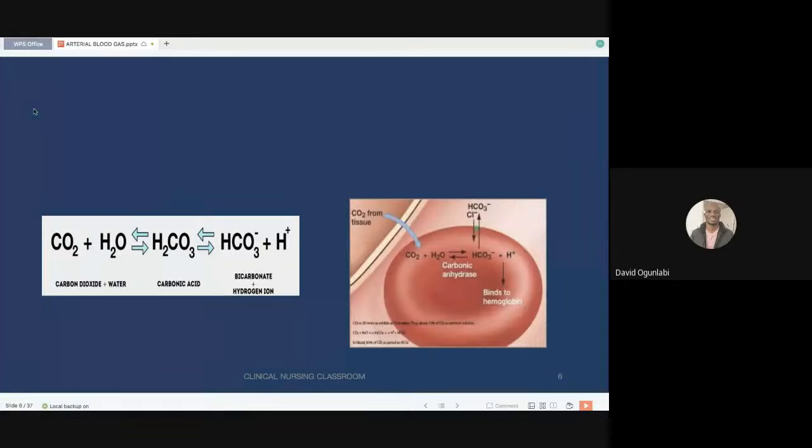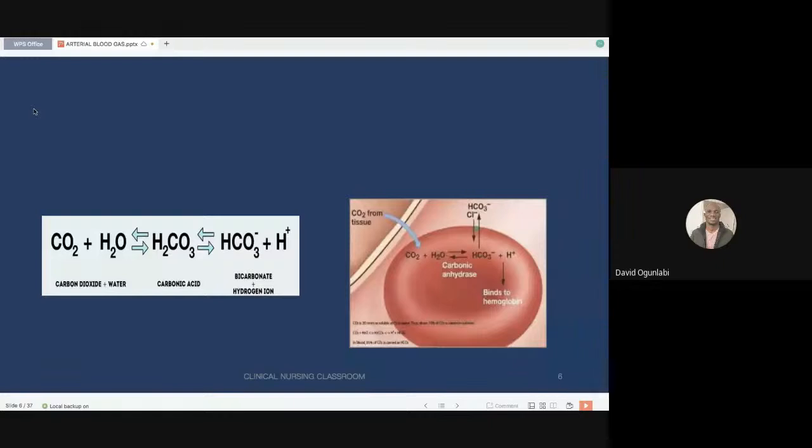Please don't get confused about this. Our emphasis is arterial blood gases, so let your mind focus on arterial blood. When you take in carbon dioxide, it interacts with water to form carbonic acid. So if we want to measure the level of acidity of the blood, what we need to know is the level of carbon dioxide in that blood.